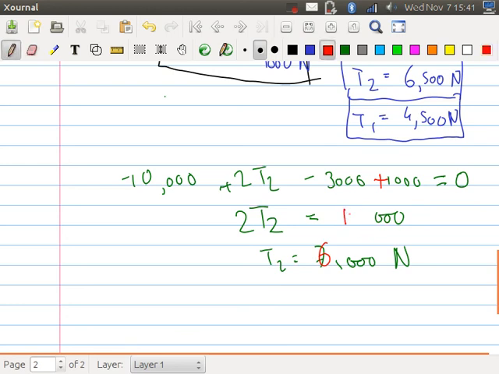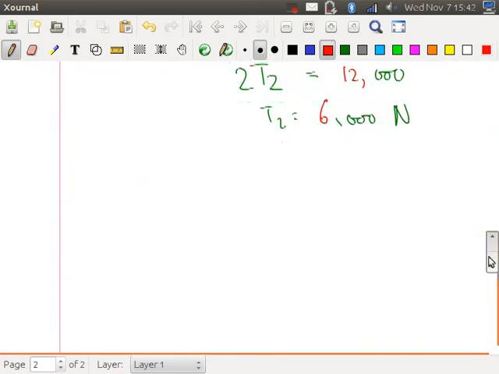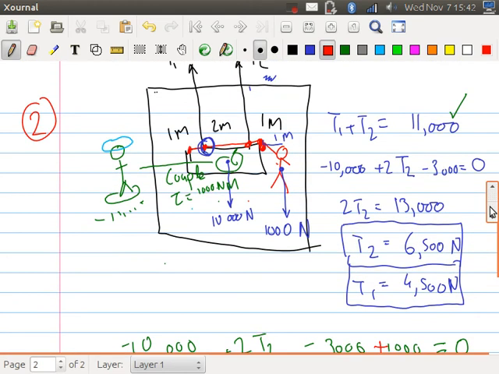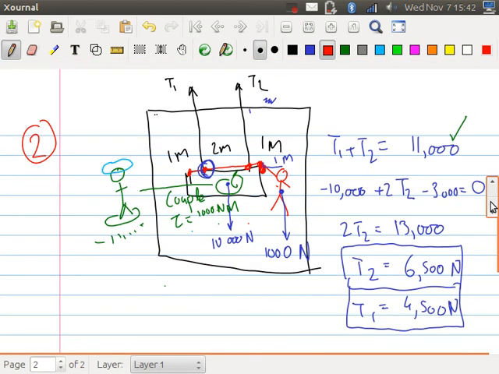When you start learning about applying statics, yeah, pretty much. Are you happy with that? You like that example?